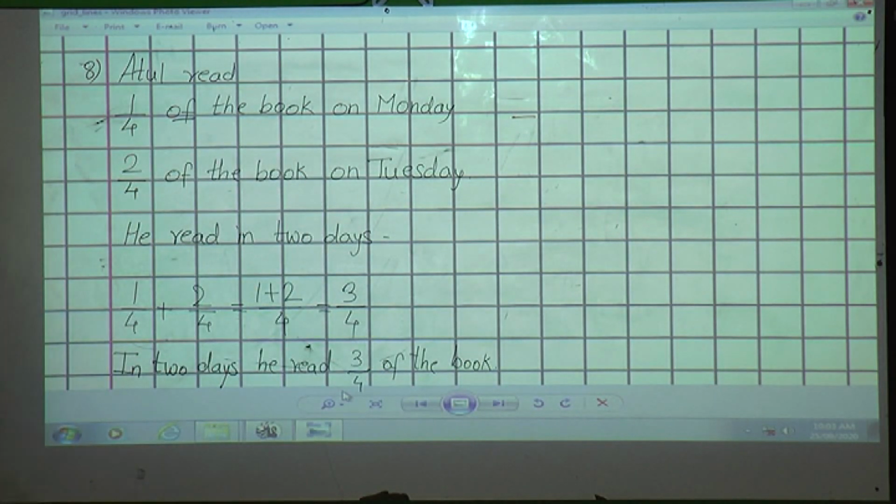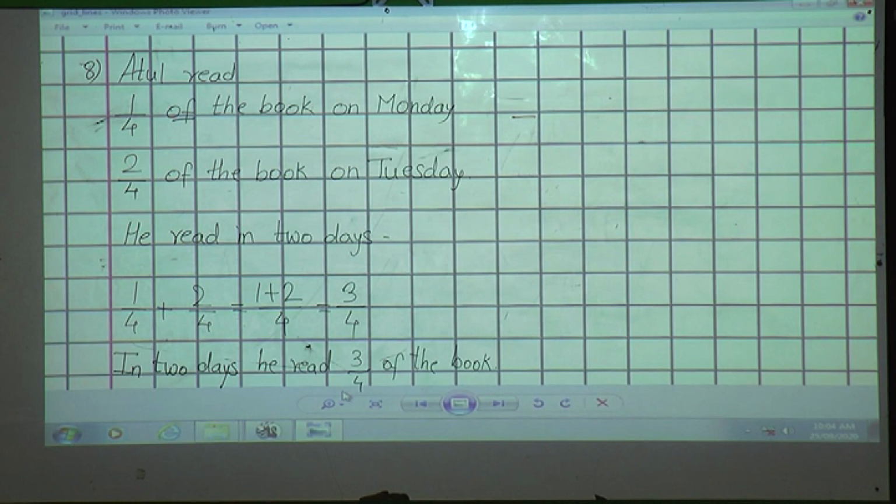Clear? Once again I will tell you, Atul read 1/4 of the book on Monday and 2/4 of the book on Tuesday. Now we have to find out in 2 days what fraction did he read.